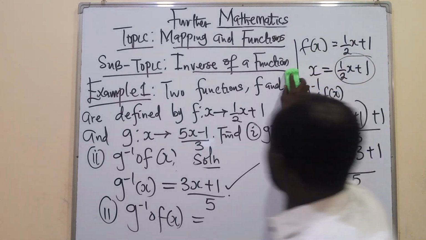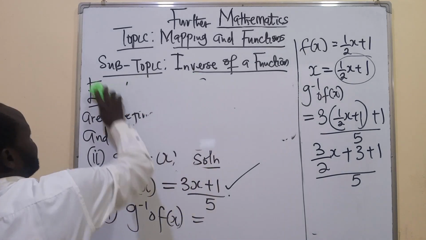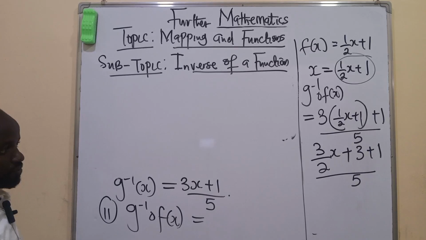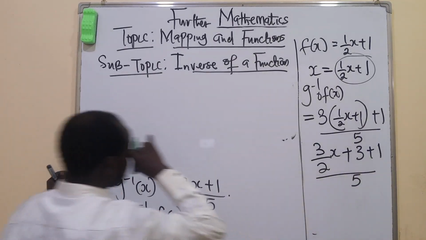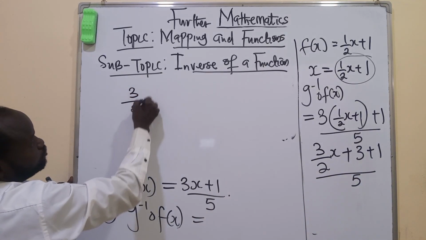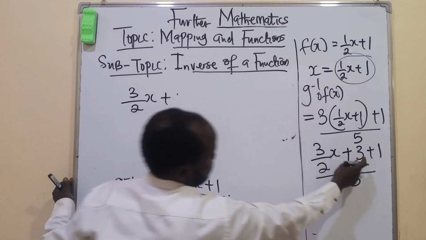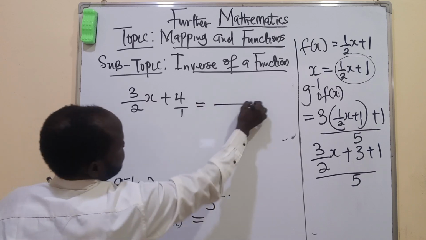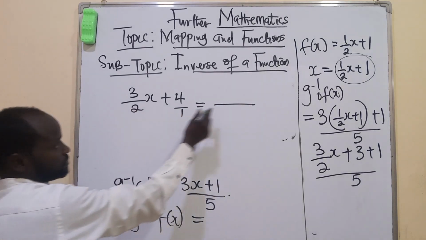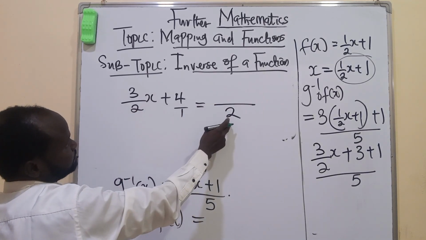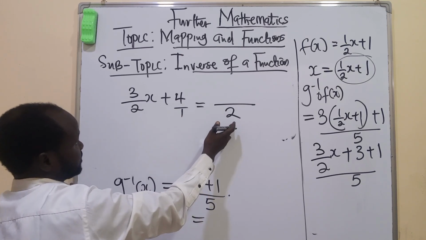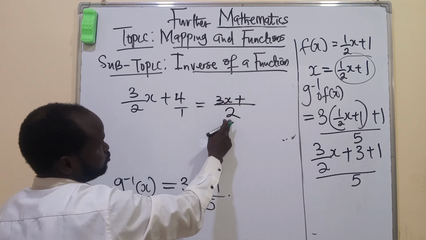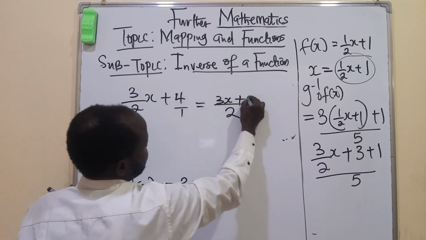Okay, let's move here because we're almost there to solve for g inverse of f of x now. Let's work on our numerator here. We have 3x divided by 2 plus, we can say 3 plus 1 is 4. That will be 4 divided by 1. We can find the LCM here. The LCM of 2 and 1 is 2. 2 into 2 is 1, times 3x, that will be 3x, plus 2 into 1 is 2, times 4, that will be 8.